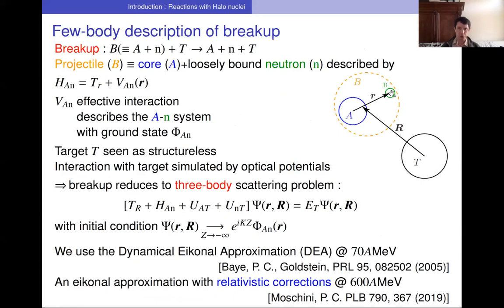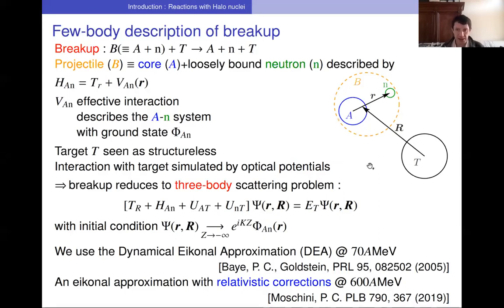That system is described as a single-particle Hamiltonian with an effective interaction between the core and the neutron, which is used to compute the ground state wave function of the system. The target is seen as a structureless particle. We neglect its structure, and the interactions between the projectile constituents and this target are simulated by optical potentials.